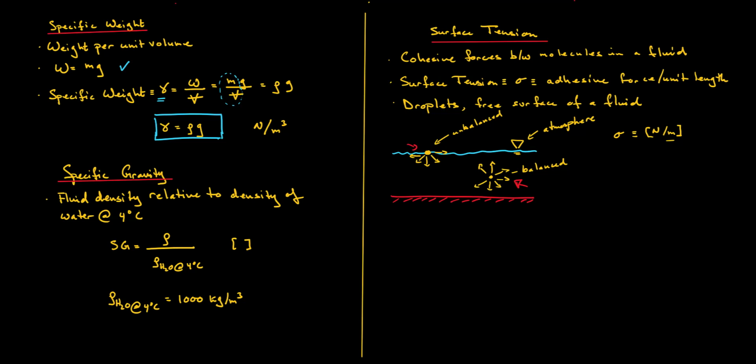So if we consider a droplet, what we are saying here is that there is a molecular force along its length. So the surface tension acts along the edge of the droplet, with the total force being 2 pi r multiplied by sigma.